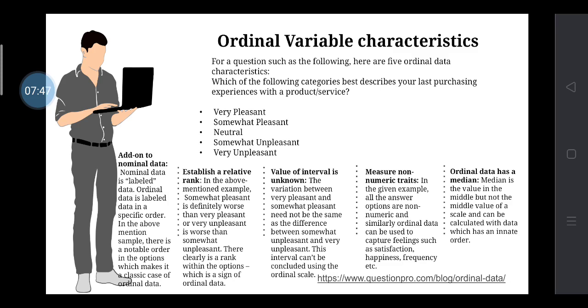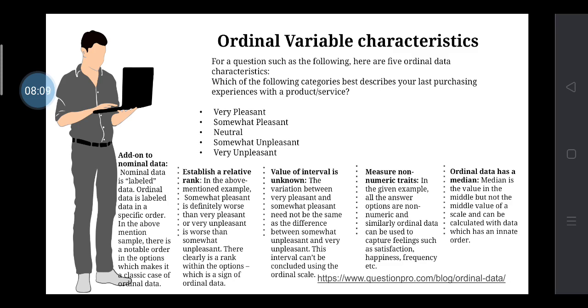Second, it establishes a relative rank. In the above mentioned example, somewhat pleasant is definitely worse than very pleasant, or very unpleasant is worse than somewhat unpleasant. There clearly is a rank within the options, which is a sign of ordinal data.